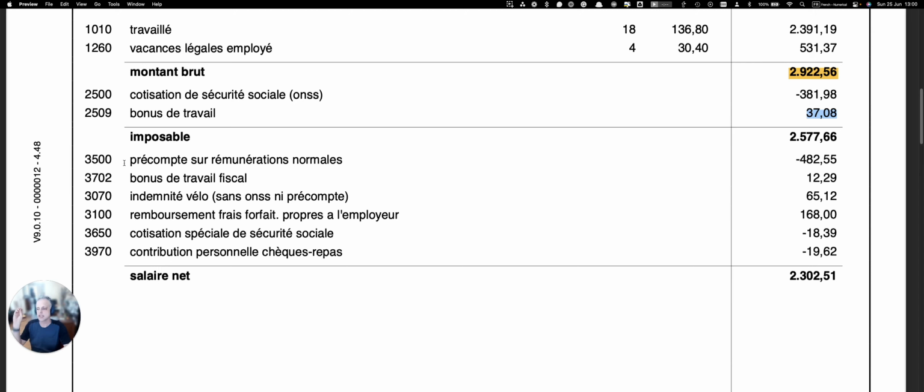So a few variables in calculating what the withholding tax should be, and what your income tax at the end of the year should be, is, of course, first and foremost, your level of gross salary. The higher your gross salary, the more you will have to pay in income tax. And as I said, this is progressive, so the higher your gross salary, the higher the thresholds you reach. And it can go to 50%, so it can go very high.